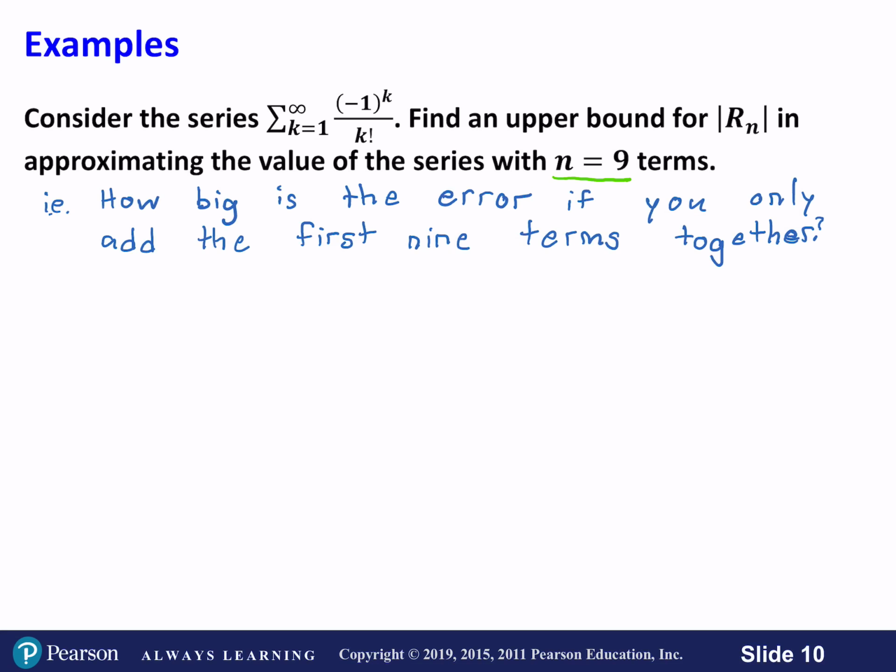All right, so the way to go about this is to once again use this theorem. We know that the absolute value of Rn is less than or equal to An plus 1. And Ak here is 1 over k factorial, which means that An plus 1 is going to be 1 over n plus 1 factorial.